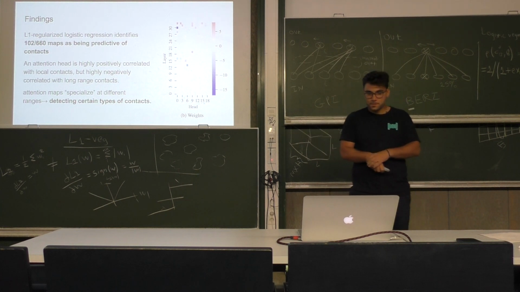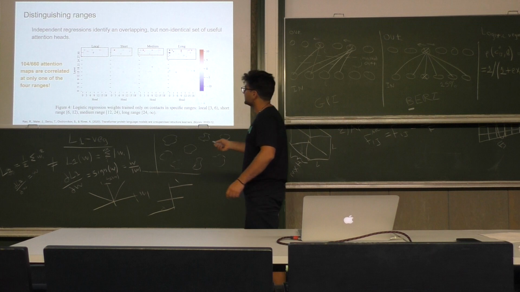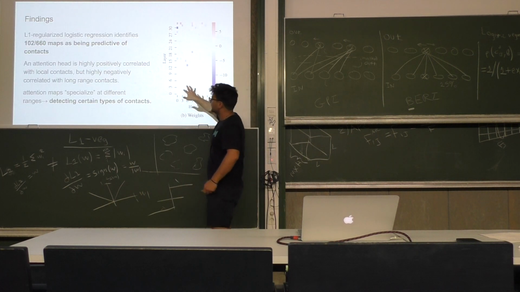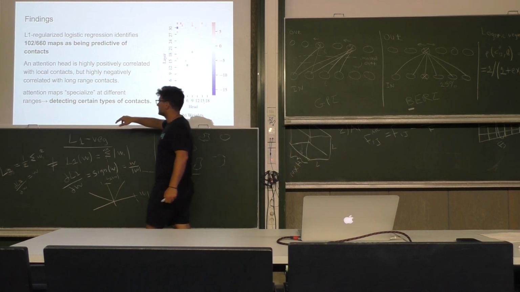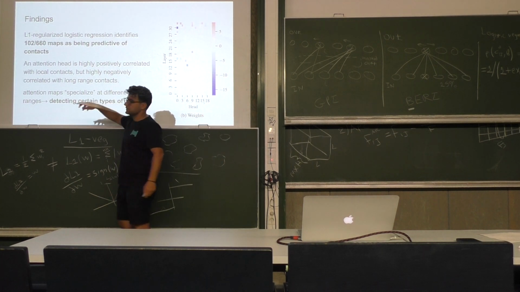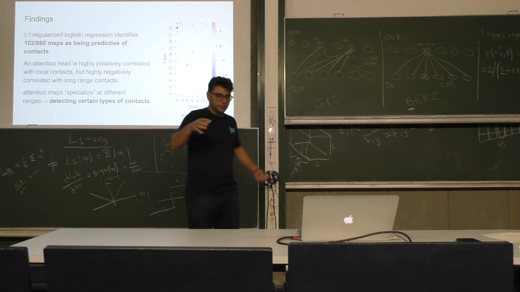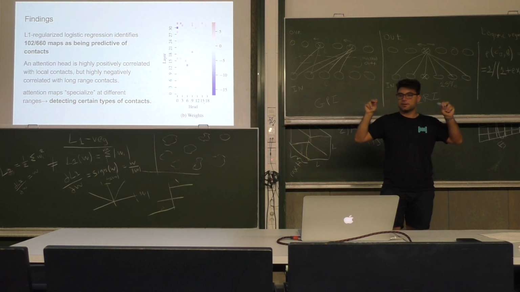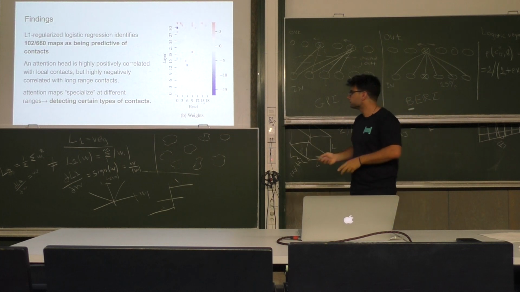And again, based on the previous analysis of different heads on different subtasks, there are attention maps that specialize at different ranges of prediction, which I just want to re-emphasize: this idea of attention heads learning very specific functions.